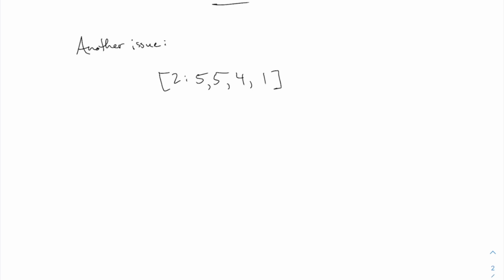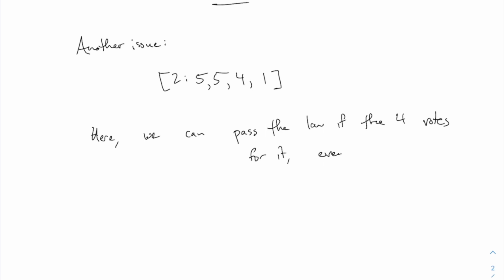I think one way of looking at it is here, let's say we can pass the law or whatever if, say, the 4 vote for it, even if the 5 and the 1 are against.